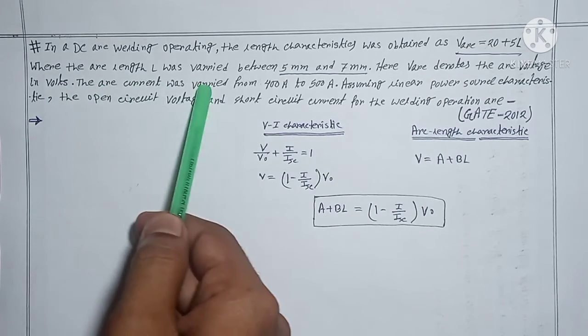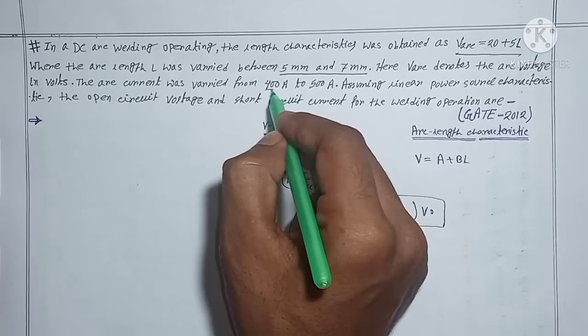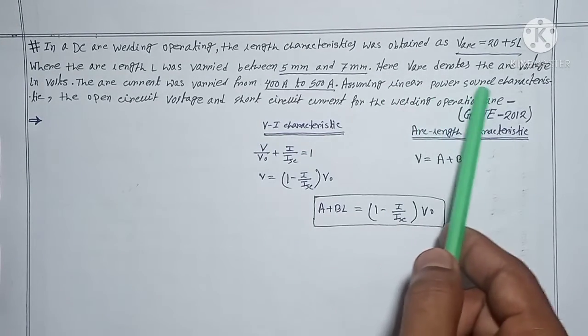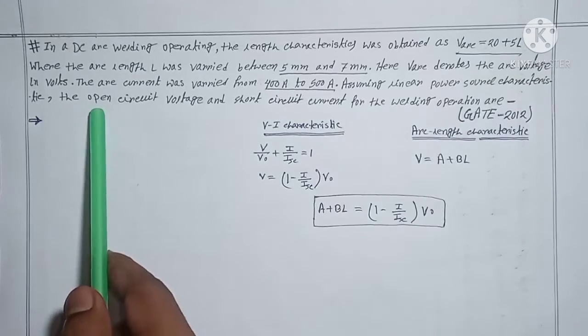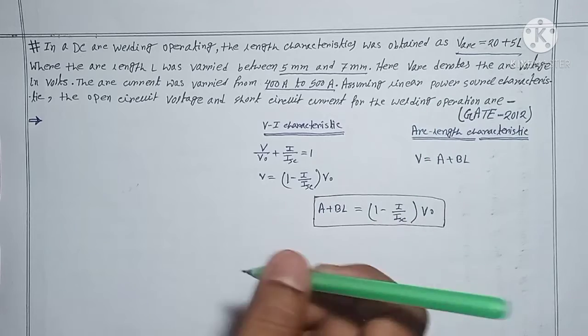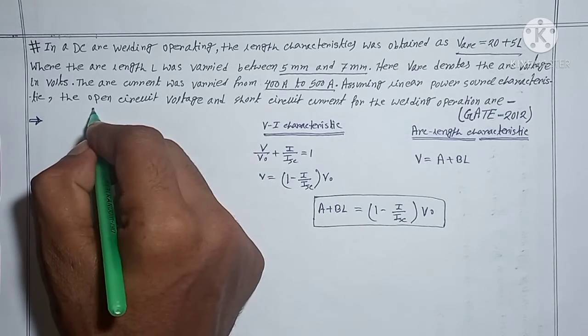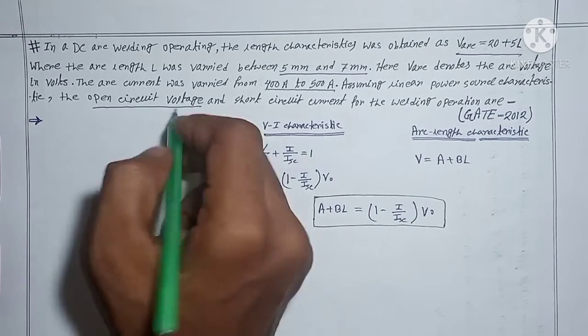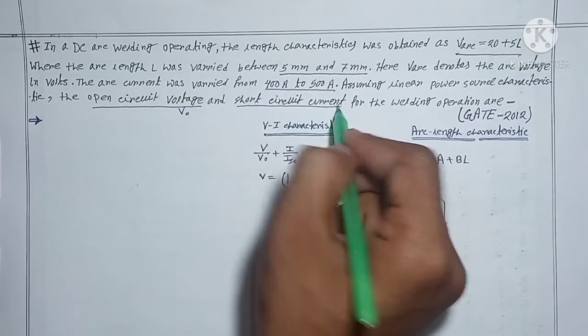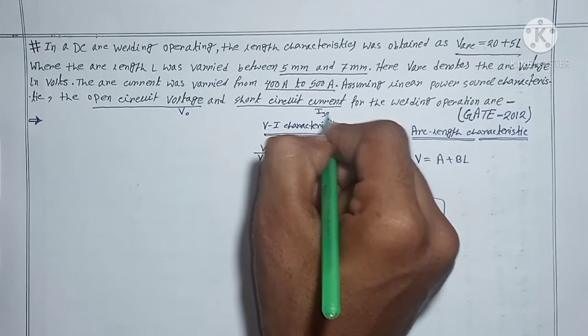The arc current was varied from 400 ampere to 500 ampere. Assuming linear power source characteristics, we have to find the open circuit voltage V naught and short circuit current Isc for the welding operation.